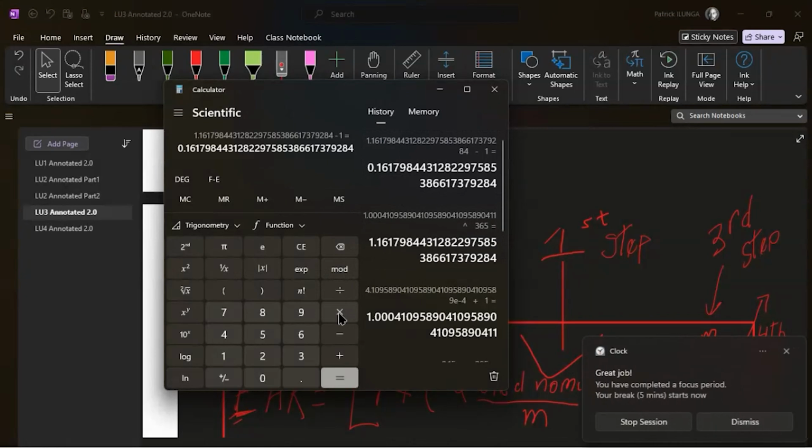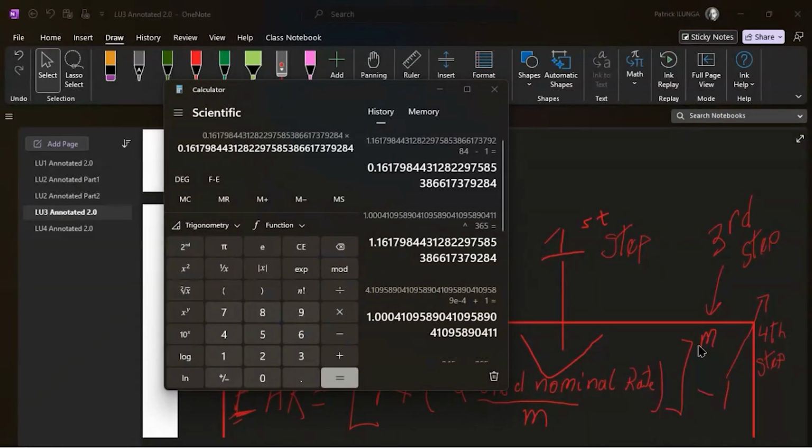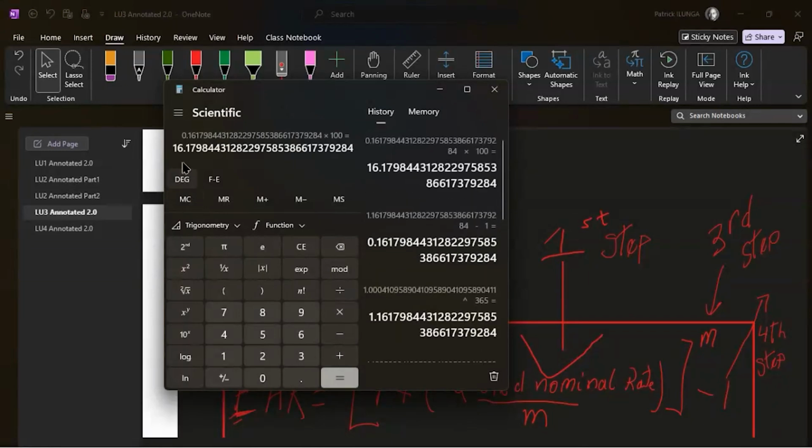In percentage, we multiply it by what? 100. By 100. So here we have the percentage. So our percentage is 16.17984444. Right? Are we in agreement? Yes.